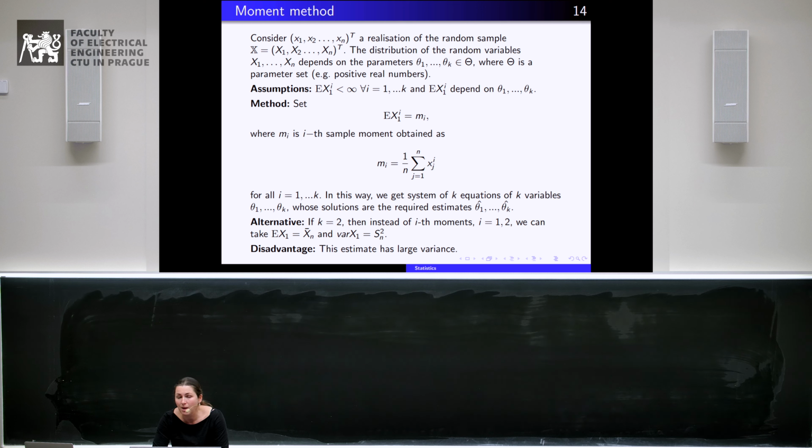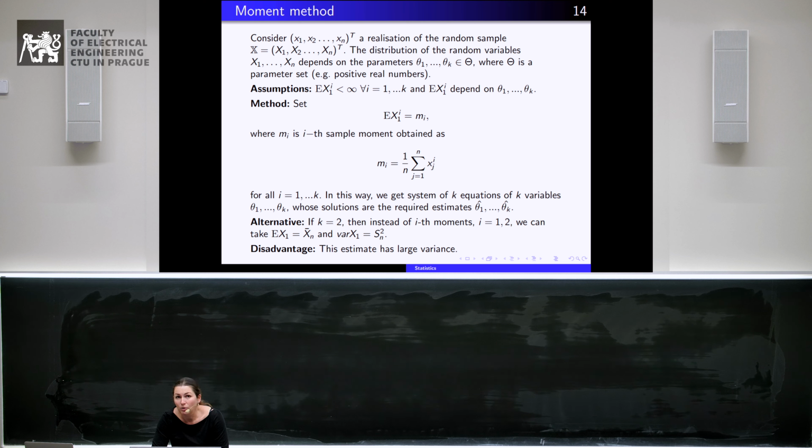It can have two parameters, like the binomial distribution, which has the parameters n and p, or the normal distribution having the parameters mu and sigma square. And there can be more difficult distributions depending on 3, 4, or sometimes more parameters in practice. So in general, we suppose that we have k parameters in the distribution.